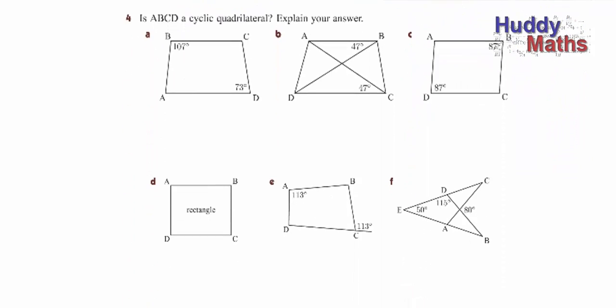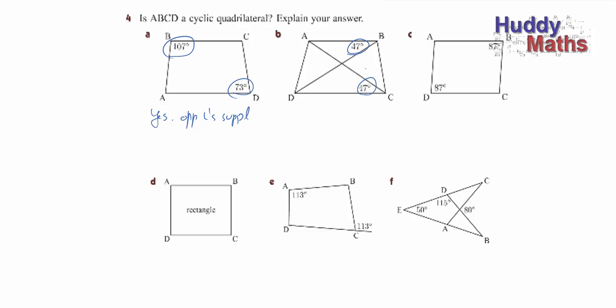Here's question 4. Is ABCD a cyclic quadrilateral? Explain your answer. So here we'd say, let's look at the opposite angles. Yes, opposite angles supplementary. Okay, and in this one, let's have a look.